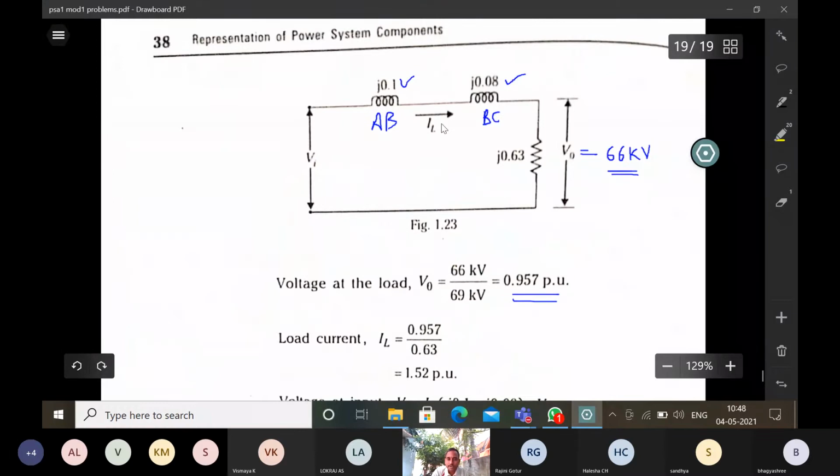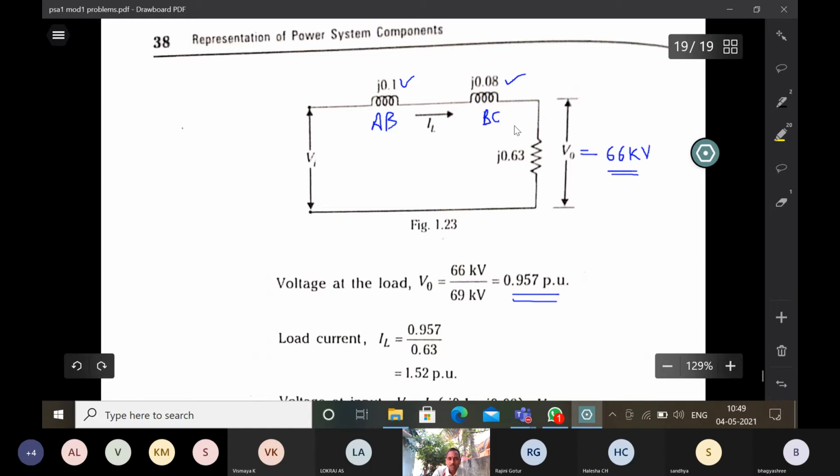Similarly, calculate the load current here, called IL. IL is equal to V divided by impedance, right? I is equal to V by Z. What is V? You have calculated in terms of per unit 0.957. And what is the impedance? J0.63. Sorry, the load current is flowing through here itself.